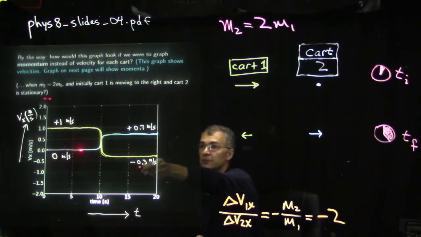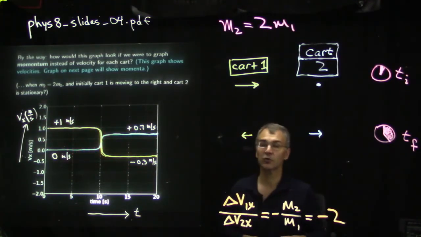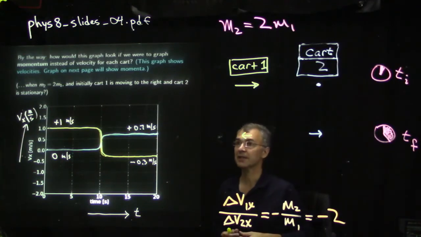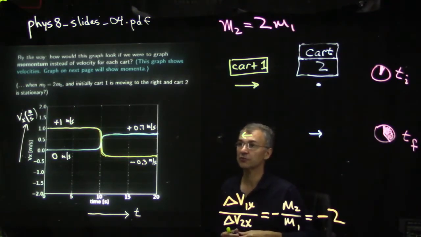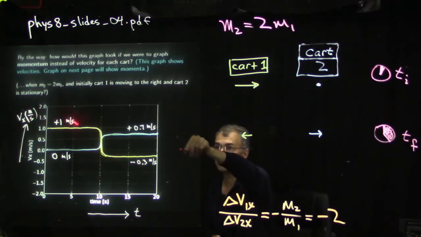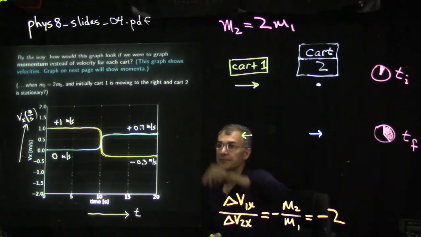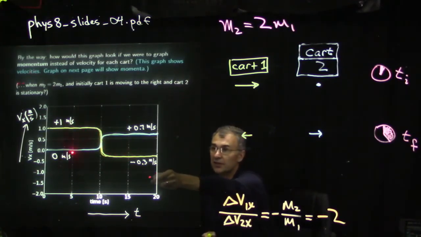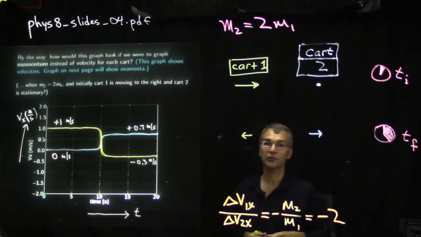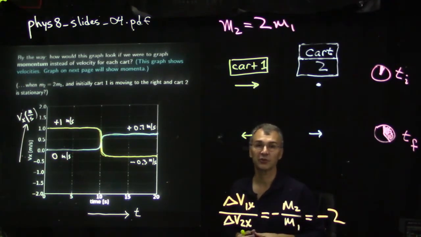And cart 2 went from 0 meters per second up to plus 0.7 meters per second. You can see that the change in the yellow curve has twice the magnitude of the change in the blue curve. So the change in velocity for cart 1 had twice the magnitude, and of course opposite direction, of the change in velocity for cart 2. And that makes sense. It's the ratio of the two masses.